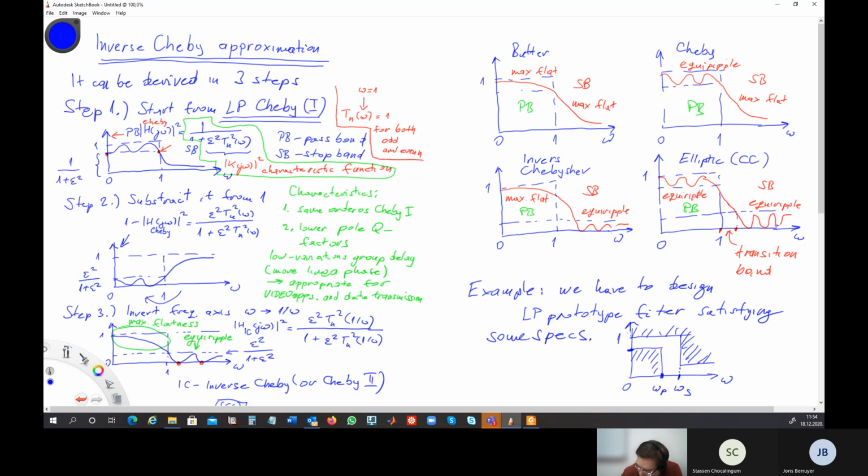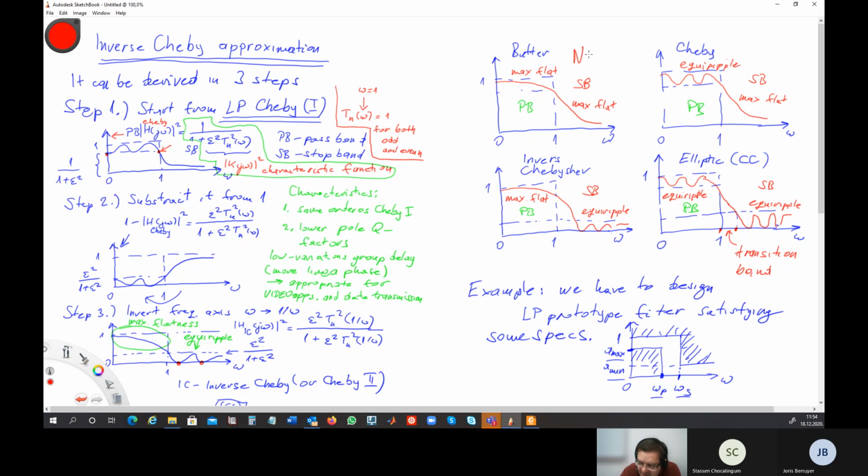This is unity, or it can be 0 decibels or whatever. A max, A min, and so on. So let's say it is given, and we will calculate the order of each of these filters.